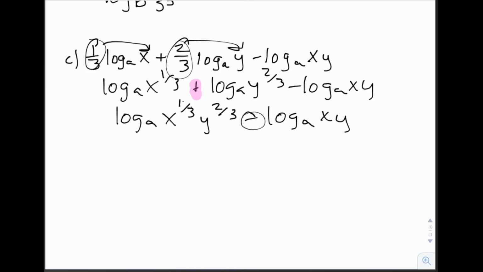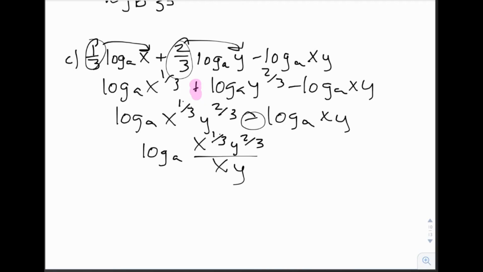The subtraction symbol tells us that we can use our quotient property. So that should get us a log base a, and our top portion is going to be x raised to the 1/3, y raised to the 2/3, divided by, in this case, our bottom, x times y.